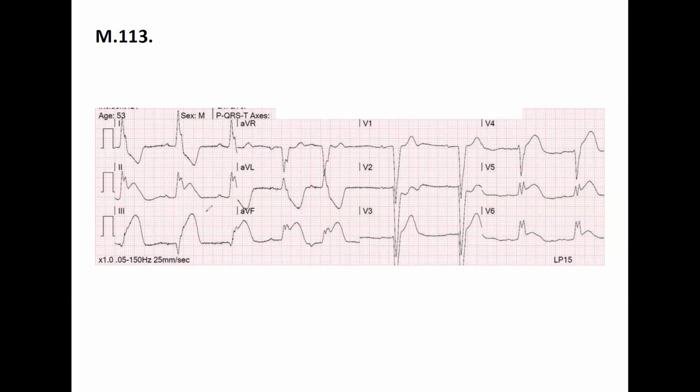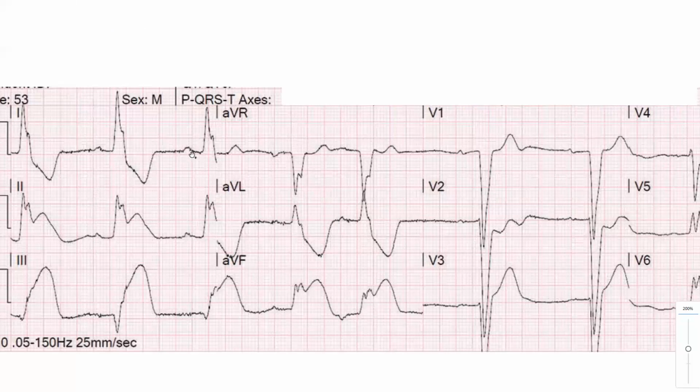And then if we look at P morphology, I would say it's normal. So normal P wave morphology.